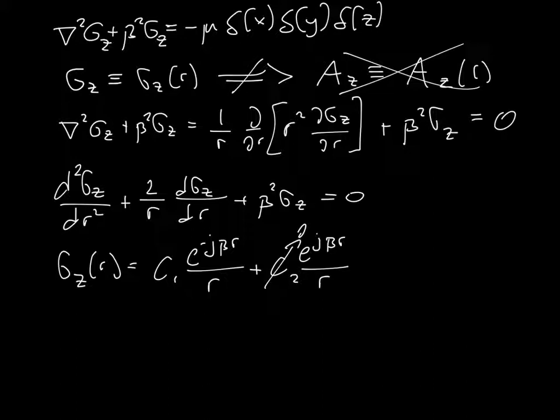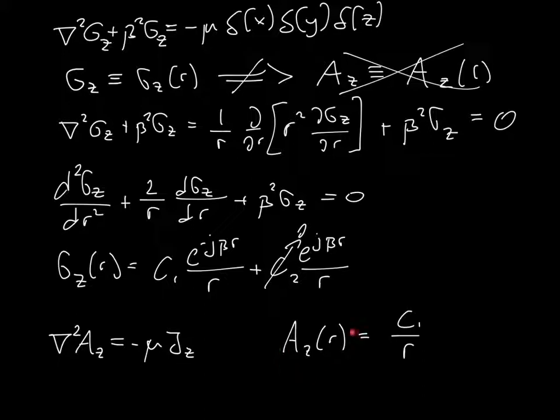So then the Helmholtz equation is reduced to a Poisson's equation, and the solution is just C1 over R. Of course, now we're considering the full scope of the source, so then the solution is the vector potential rather than just the green function. The green function is just a method for finding a solution that is valid once we expand the problem to more than just a point source.